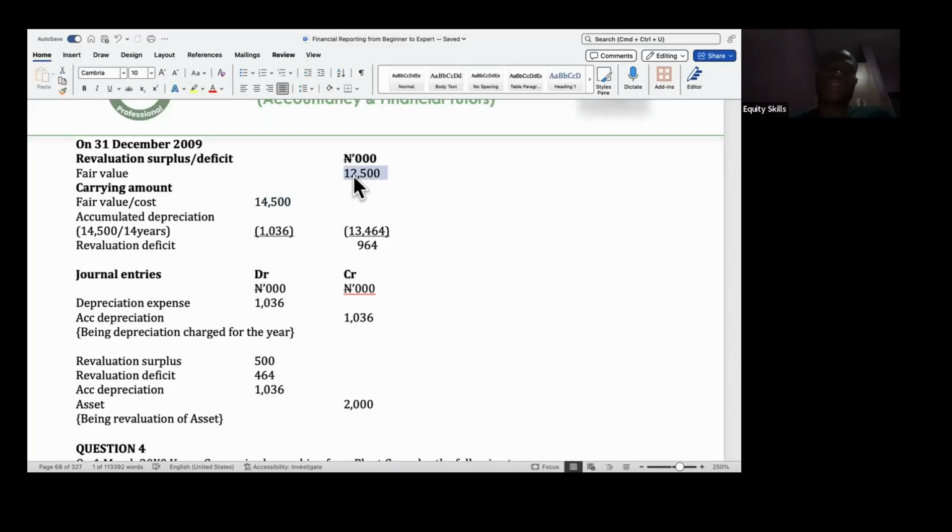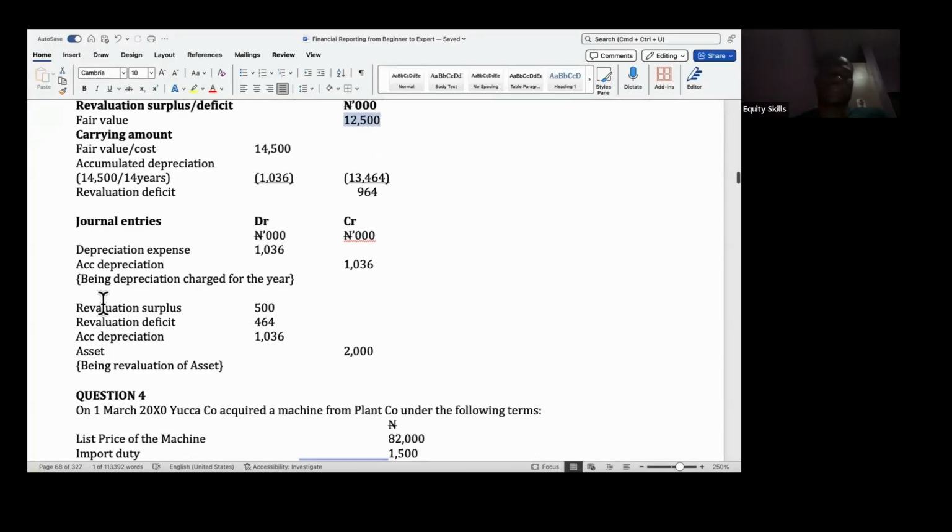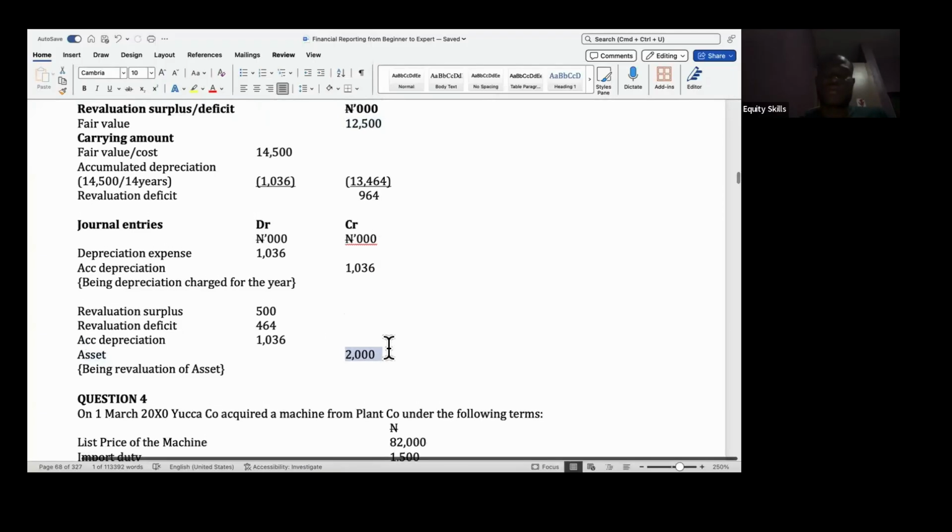So what we want our asset account to show is 12.5 now. So we will need to change this 14.5 to 12.5. And in accounting, we pass debit and credit. So there's a difference of 2,000. We will need to reduce the value of our asset from 14.5 to 12.5. And when you want to reduce your assets, you credit the asset. And that is why our asset is having a credit of 2,000.